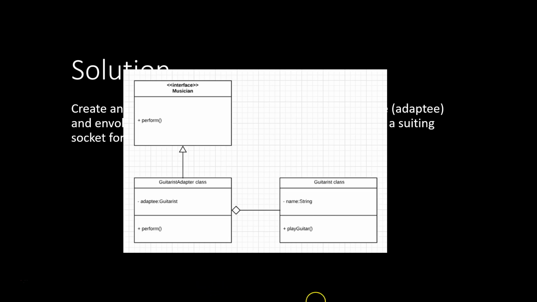And I'm using aggregation, so I'm wrapping a guitarist class inside of the guitarist adapter class. And when I call the perform method, inside of that, I actually invoke the play guitar method of the adaptee. But let's also look at the code to understand this better.